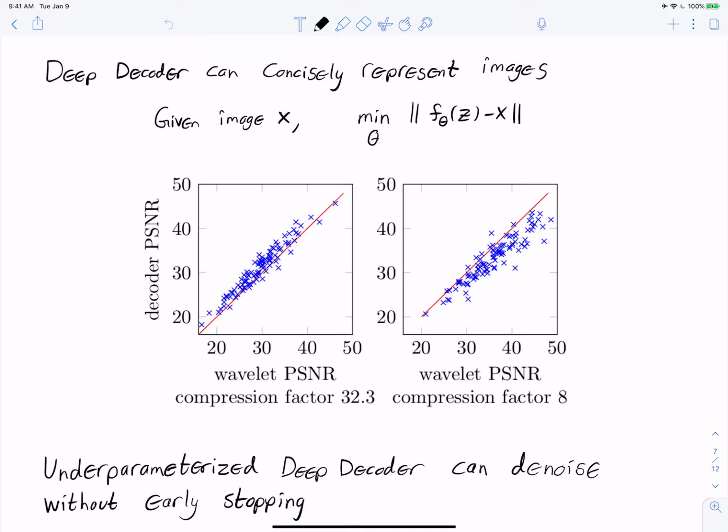In the case of low compression factors, having an equal number of wavelets and deep decoder parameters, it was better to have a wavelet thresholding representation of an image. So these results are quite exciting because they show that the deep decoder can offer a concise representation of images on par and sometimes better than wavelet thresholding, which is itself the basis of modern JPEG representation technology.